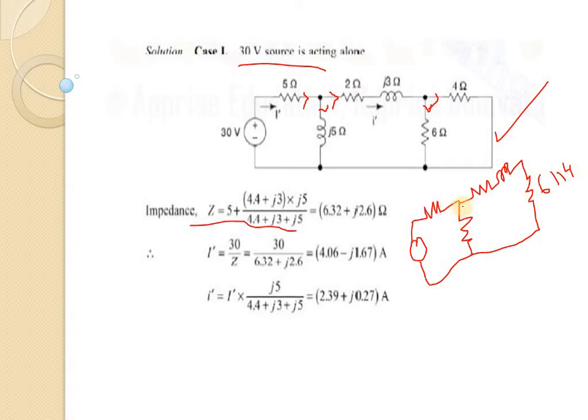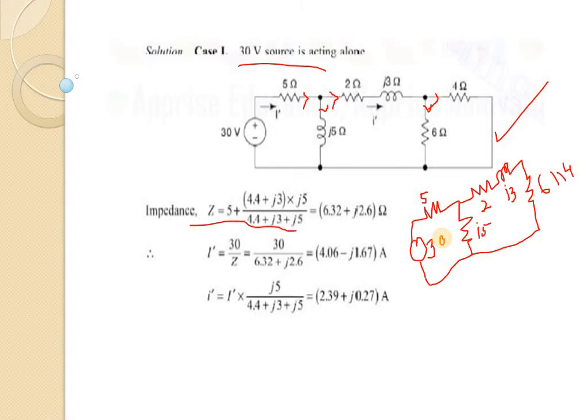So ultimately this becomes: this is 2, this is J3, this is J5, this one is 5, and this one is 30 volt.